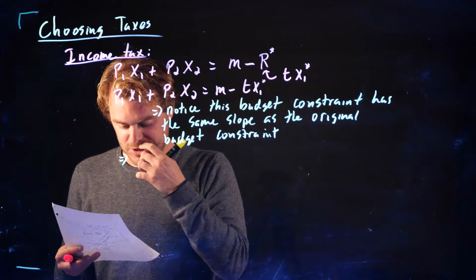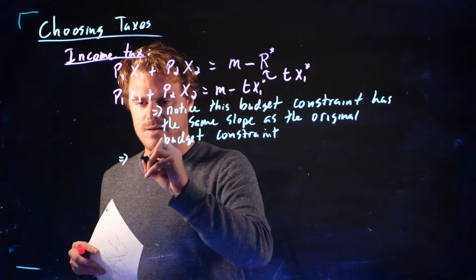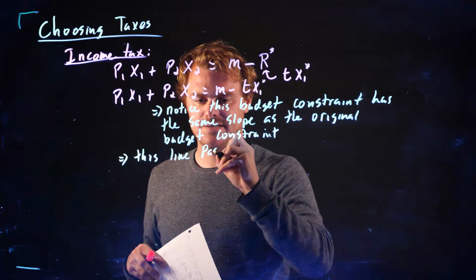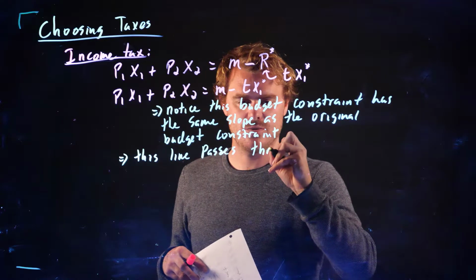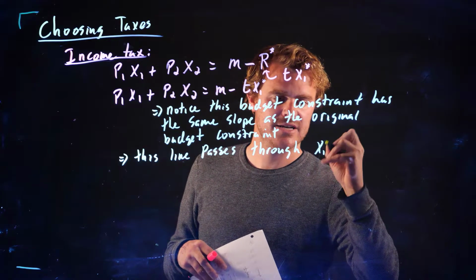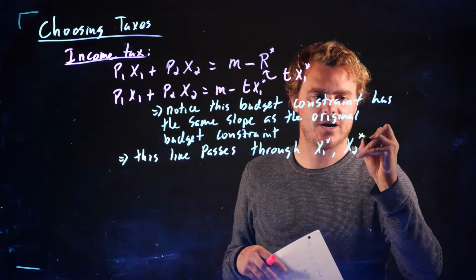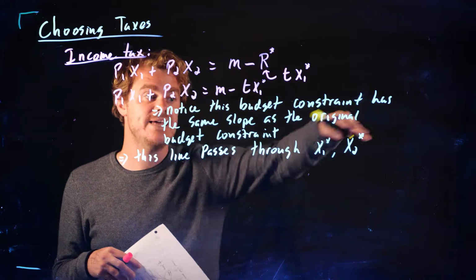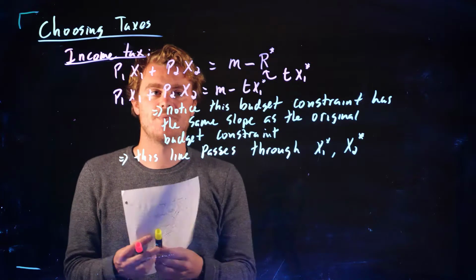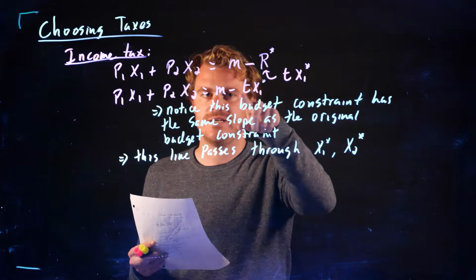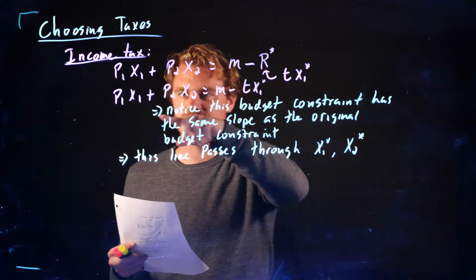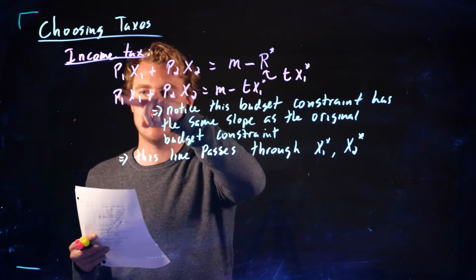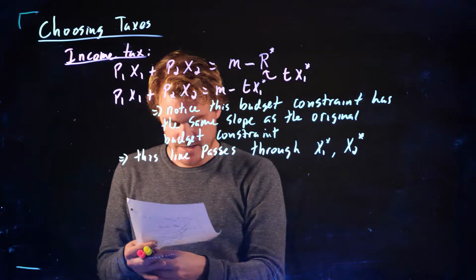So the first thing that we should notice is this line passes through X1 star, X2 star. So that optimal bundle that they were picking under the quantity tax, it must pass through there. You can see that because if we rearrange this line, we'd get the exact same thing.